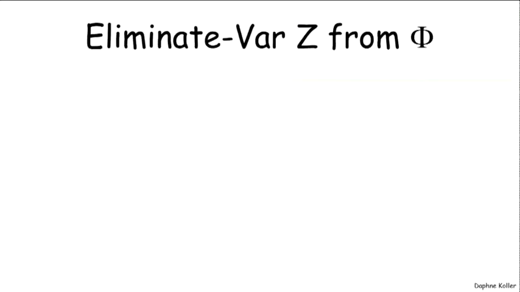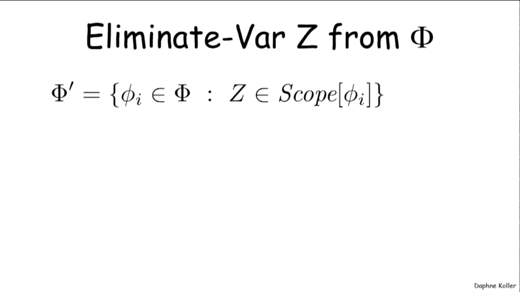So to summarize this, the main routine in this algorithm is a routine which we call eliminate variable z from a set of factors phi. And what it does is the following. We first look within phi, and we define a set of factors phi prime, which are all factors that involve z. And that's what this mathematical expression says.